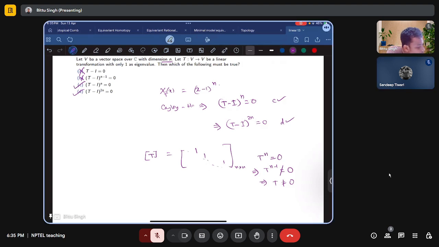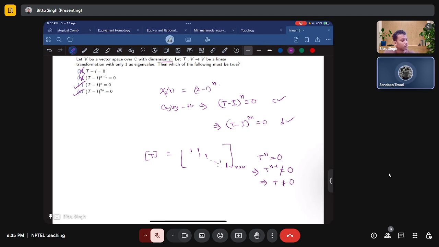I have taken the wrong thing. So diagonal entries will be 1, 1, everything is 1, and just put 1 above the diagonal entries. So, sir, this will work for option A.